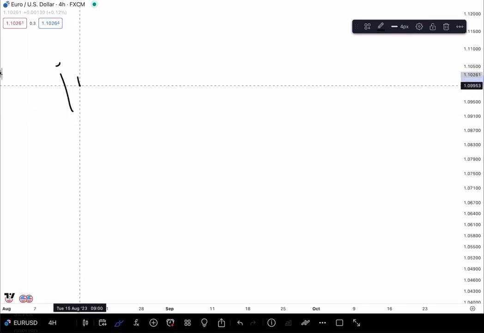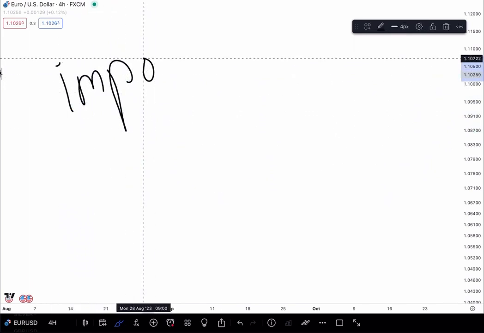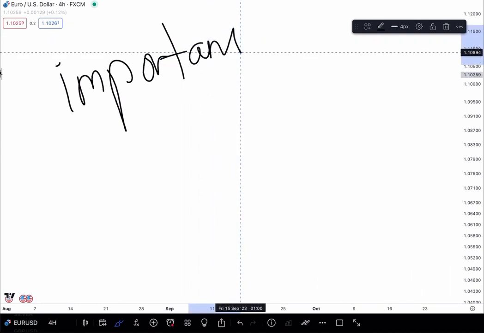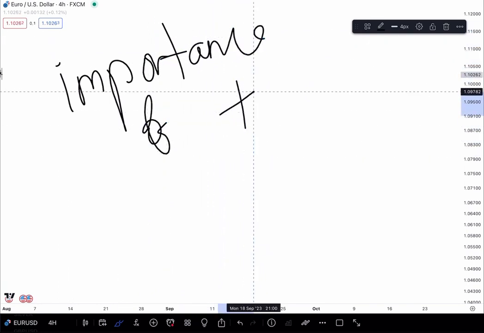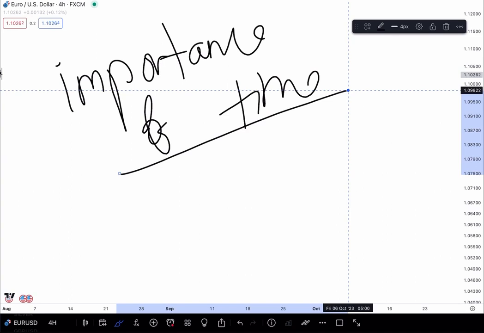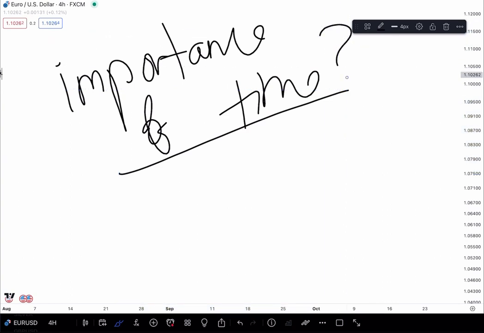The importance of time. Why is time important?